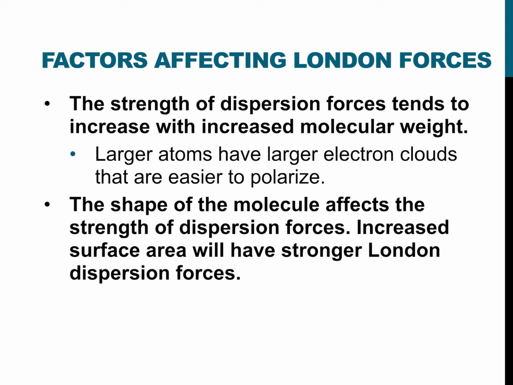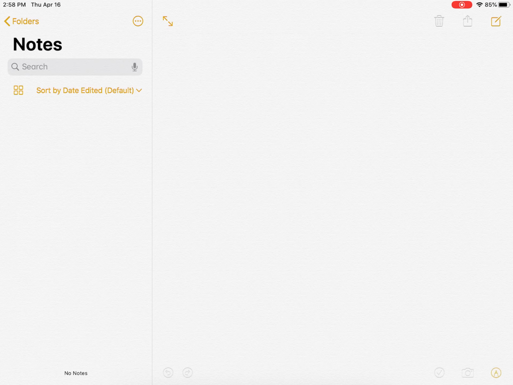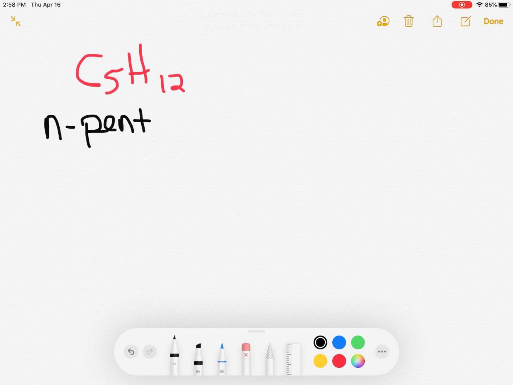Also, the shape of the molecule affects the strength of dispersion forces. So just to give you an example real quick. Okay, so if I have C5H12, and I have it in n-pentane, and I also have neopentane.